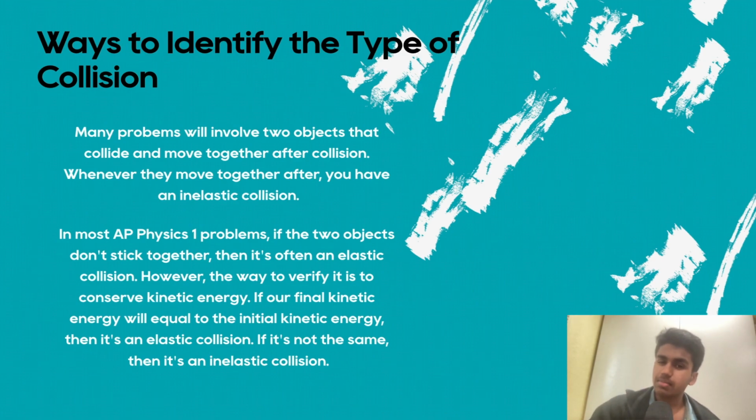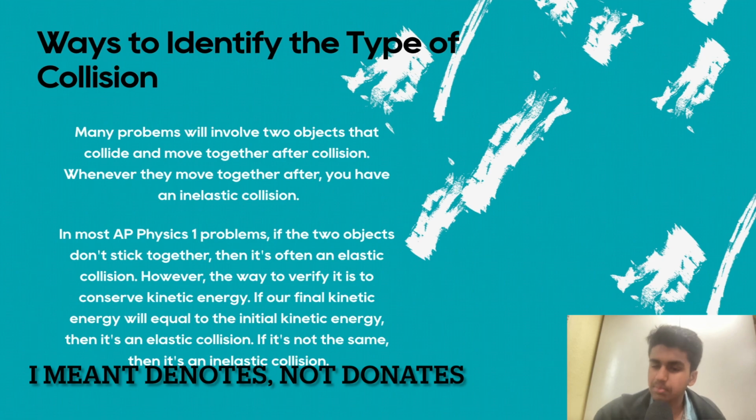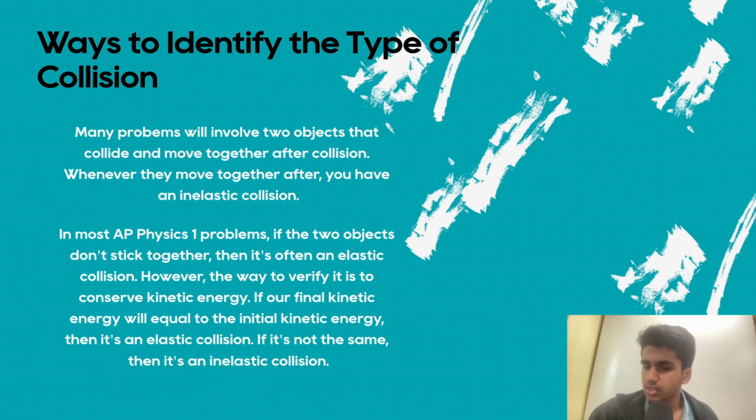For example, in the equation I showed before, the final momentum was represented as m1 times v1f, the final velocity of m1, plus m2 times the final velocity of m2. But if we know they moved together, then the final velocity is the same, so we can just use v with the subscript f. That denotes the same common final velocity.